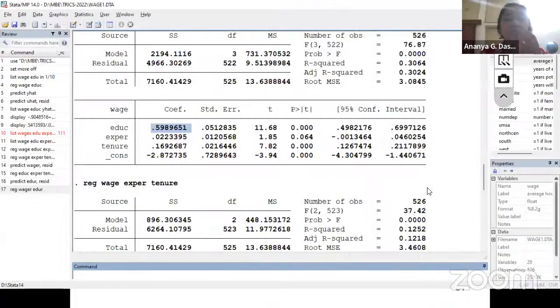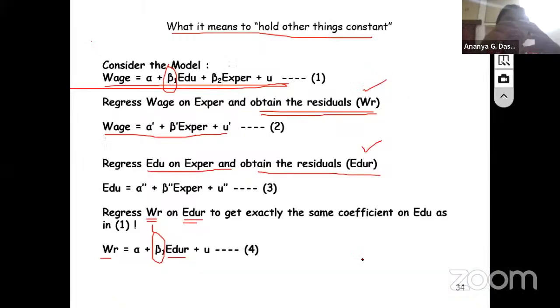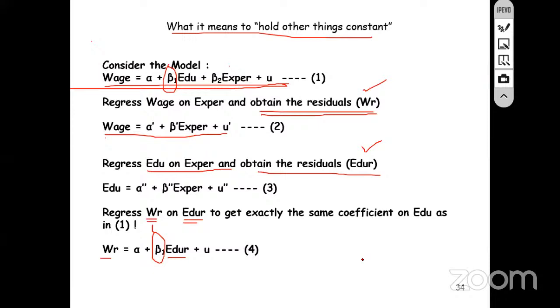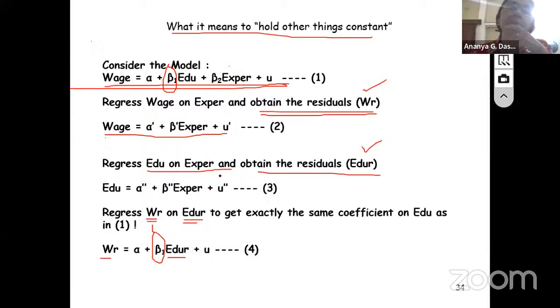Right. So if you have any questions regarding what I had covered so far, you could please ask at the beginning. All right. Now, if there are no questions, what I will do is the following. I'll take you through certain issues that one is likely to face in multiple regression.